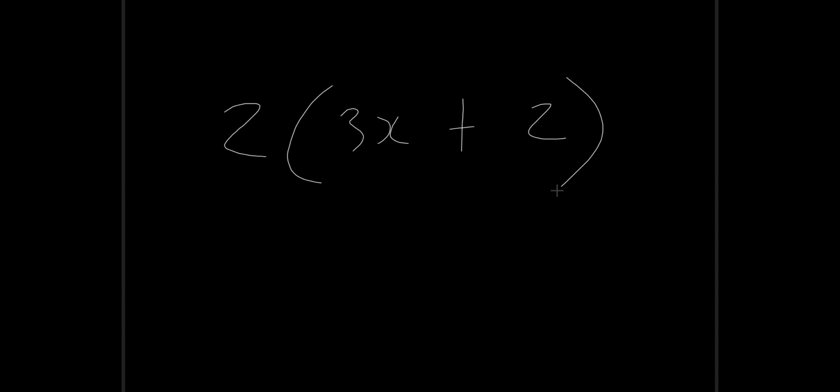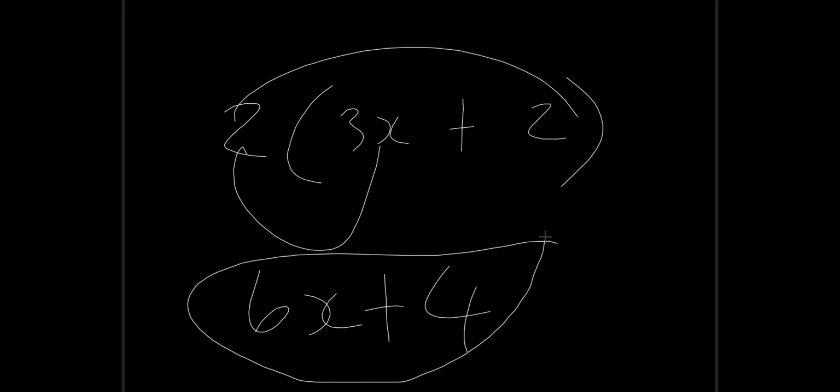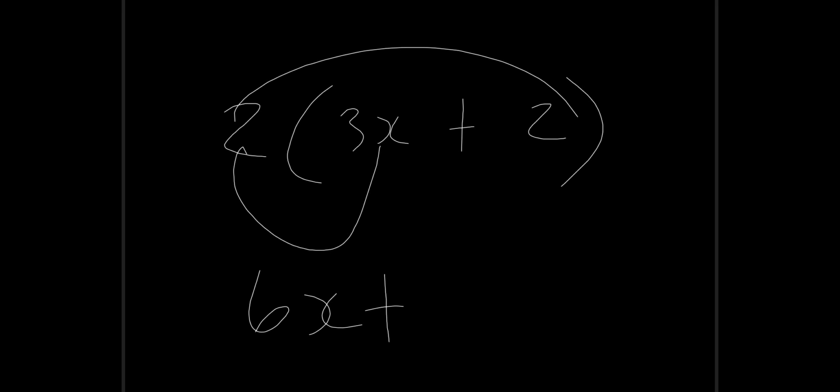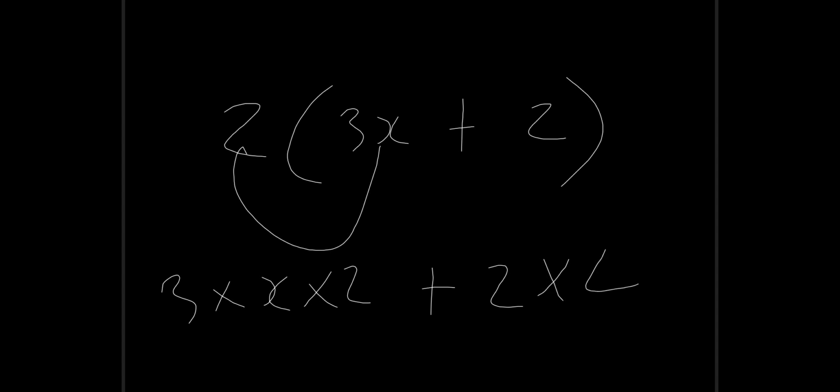We could actually do the reverse. We can just multiply this by that. So we say 2 times 3x gives us 6x, and 2 times 2 gives us 4. So it is coming from this. And we could also try to see if this is true by breaking this down. We could say 3 times x times 2 plus 2 times 2.